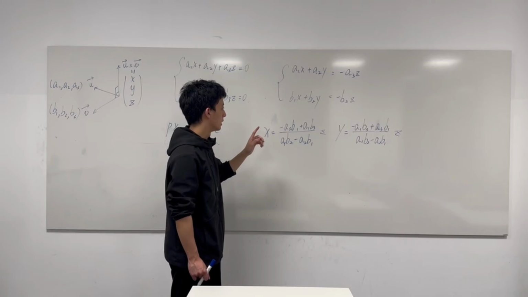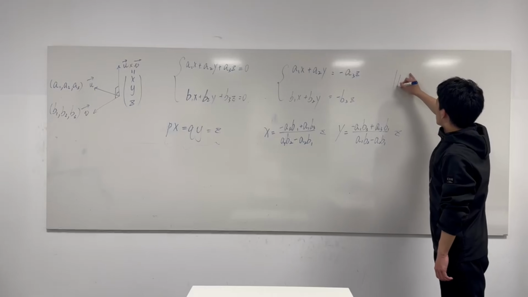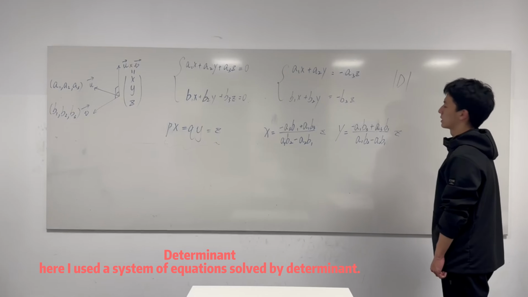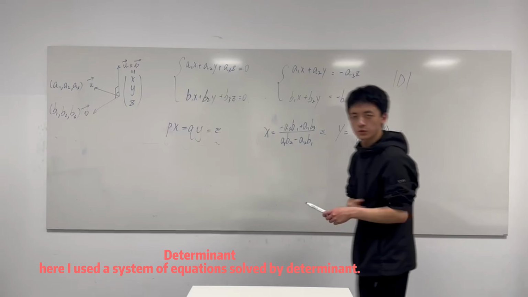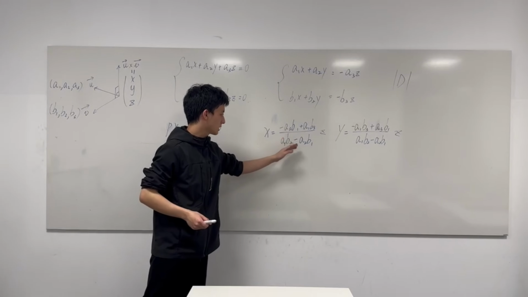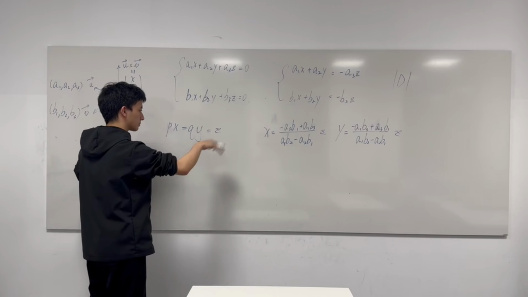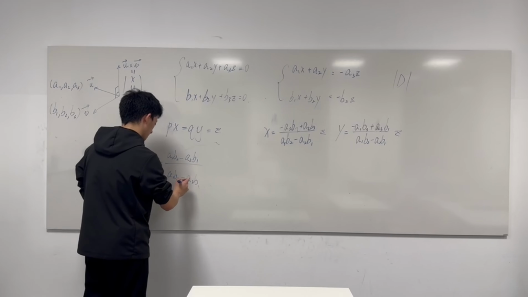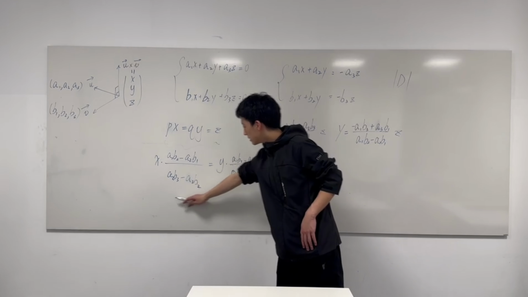You can use something similar to the magnitude, but this is the determinant of a matrix, so I will search the name of it. I use this way to solve the equation, and we get x equal to this times z, y equal to this times z. So actually we get that form, then we will get this form.